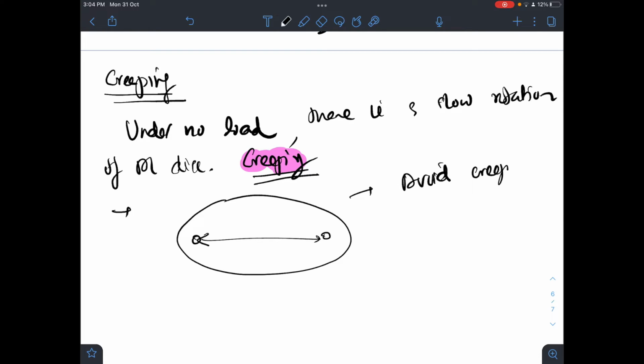What is going to be the mechanism behind this? Look out for yourself and understand why this is going to resolve the issue of creeping for an energy meter. So this is how it is avoided, by keeping two diametrically opposite holes on your aluminum disc.